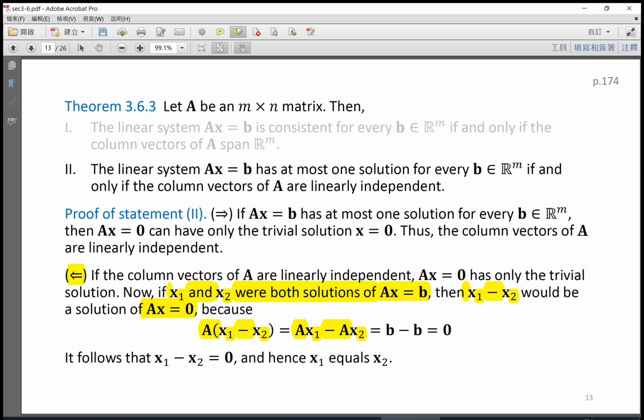Hence, we have b minus b equals the 0 vector. Therefore, we have shown that x1 minus x2 is a solution to Ax equals 0.